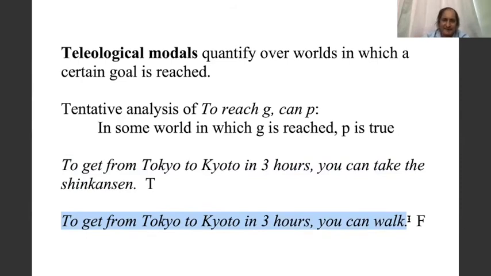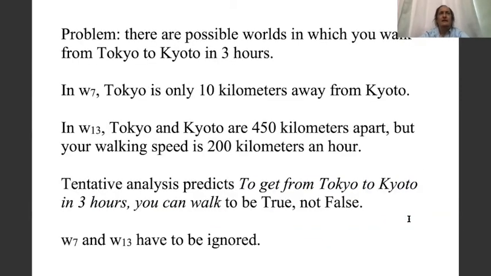And here's why. There are worlds that are very different from the actual world, but are considered possible worlds. So in one of those possible worlds, Tokyo and Kyoto are kind of right next to each other, 10 kilometers away. Okay. 10 kilometers you can walk in 3 hours. So that's a world in which somebody can go from Tokyo to Kyoto by walking in 3 hours.